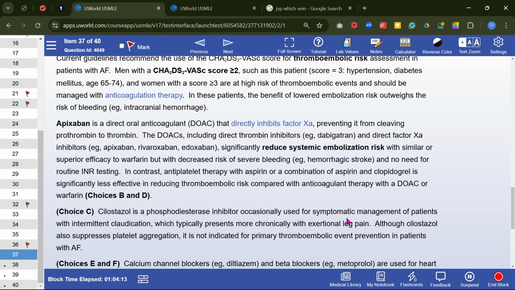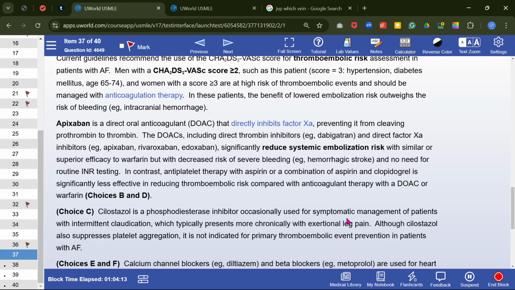The direct oral anticoagulants, including the direct thrombin inhibitor dabigatran and direct factor Xa inhibitors like apixaban, rivaroxaban, and edoxaban, significantly reduce systemic embolization risk with similar or superior efficacy to warfarin, but with decreased risk of severe bleeding like hemorrhagic stroke and no need for routine INR testing.